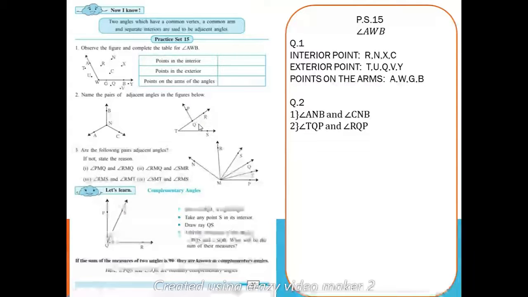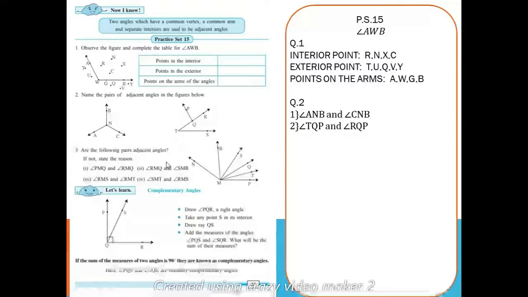In this, two angles are forming, that is PQR and PQT. Here the circumstances are fulfilled to form adjacent angles: point Q is the common vertex, PQ is the common ray, and it also has a separate interior point. The angles TQP and RQP are the two angles which form the adjacent angles in figure 2.